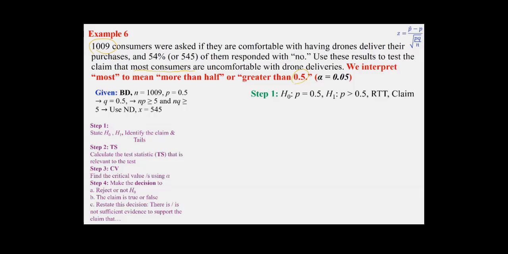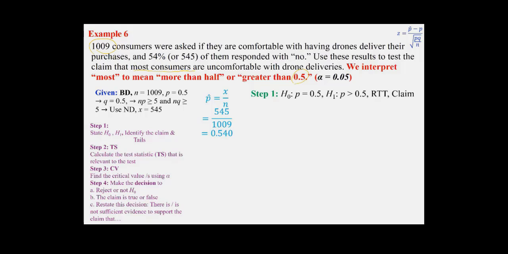All right. Step 2 is calculating the test statistic. Look at the top formula. You have to use that to calculate it. And we already have p hat equals 0.54. If we stick with 545, you can calculate it and it becomes about 0.54. Now using this step, the test statistic is based on p hat. You want to make sure you can access that and find out where the formula is in your formula sheet.